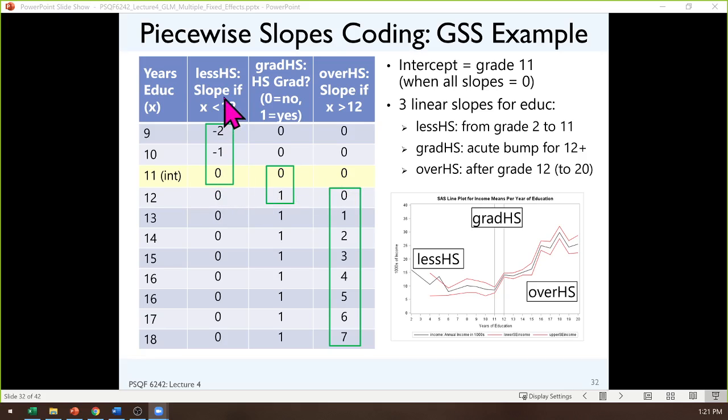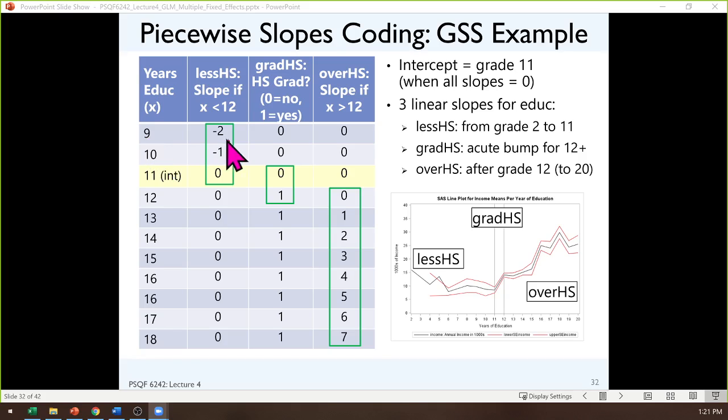The first slope, I want to convey what is the effect of an additional year of education specifically for those who have less than a high school degree. And because 0 right now refers to people in grade 11, if I want to compare grade 10 to grade 11, I put in a -1 because 10 is 1 less than 11.